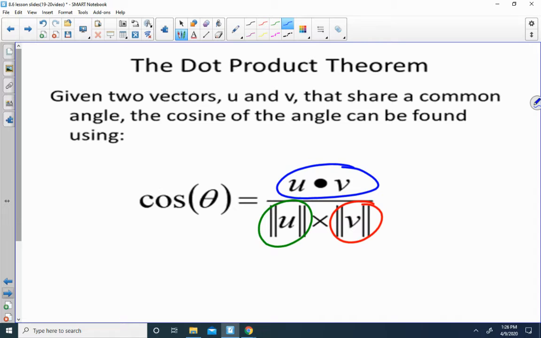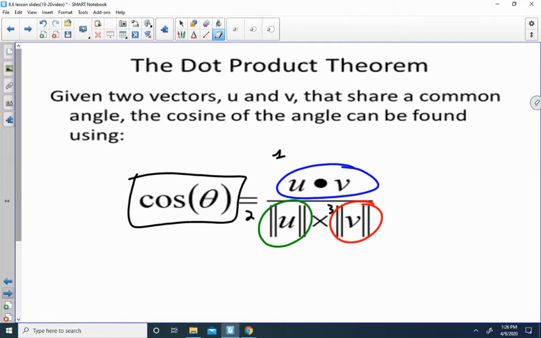So once you have all 3 of these components, the dot product of u and v, the magnitude of u, and the magnitude of v, you would then take the first divided by the second and third products on bottom, and that would give you the cosine of theta. And then you can use that from there to determine what the exact angle is going to be.